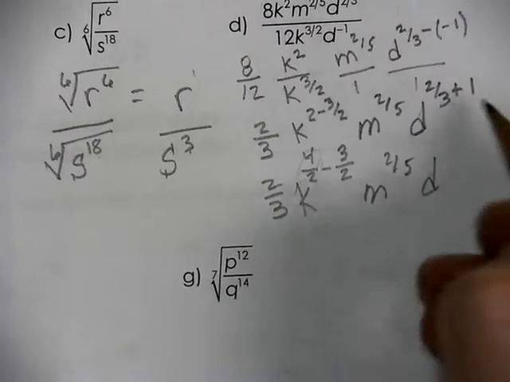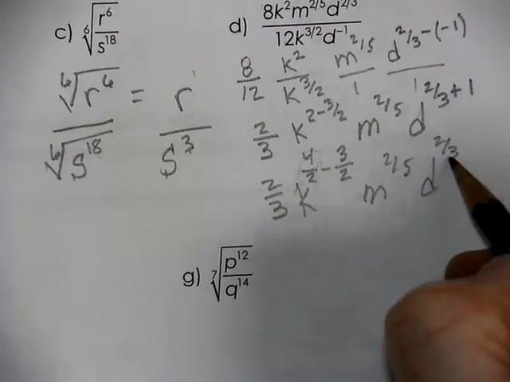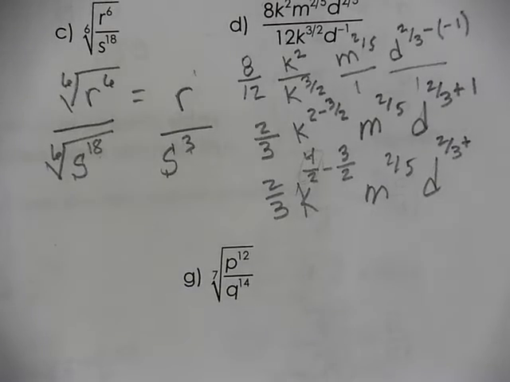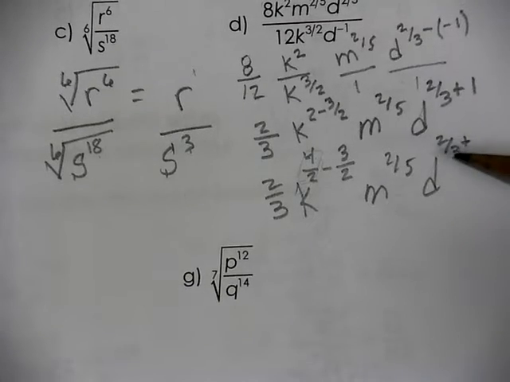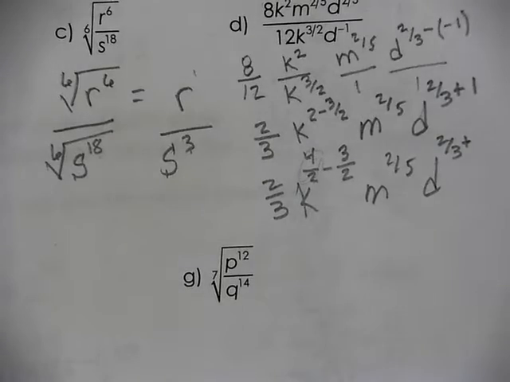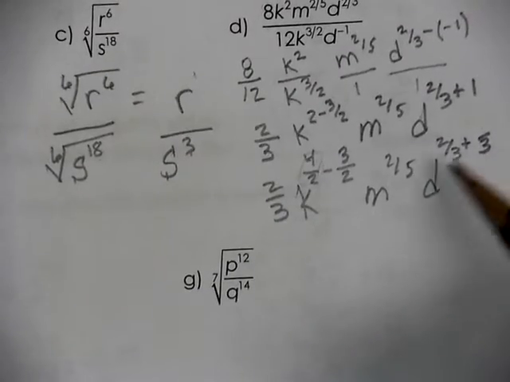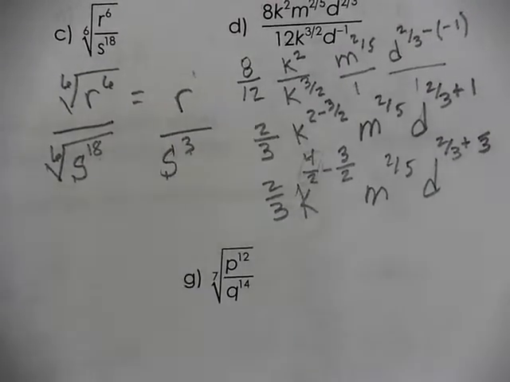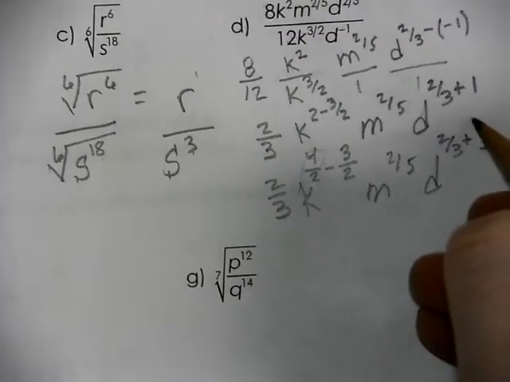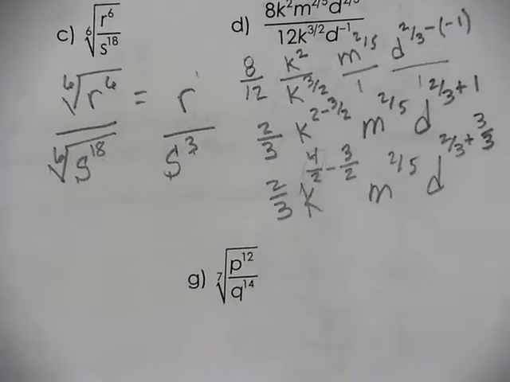And with the D, we need common denominators. So several people get confused by this. Here we have 2/3. And we're going to add 1 to it. But to add fractions, we need common denominators. So we need a number that has a denominator of 3, so it's common. So we have to have a 3 in this spot.